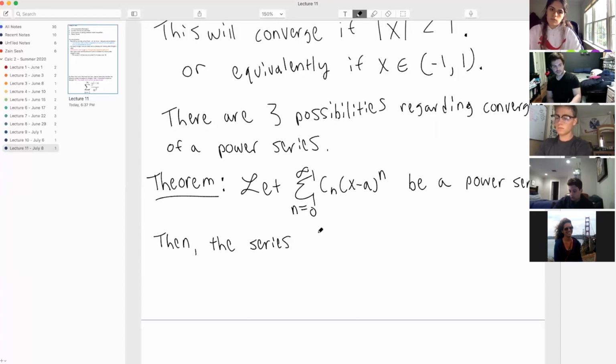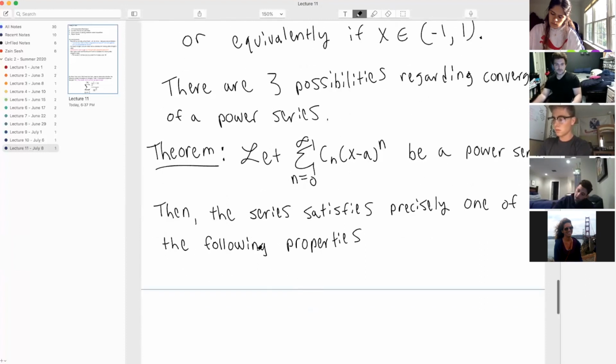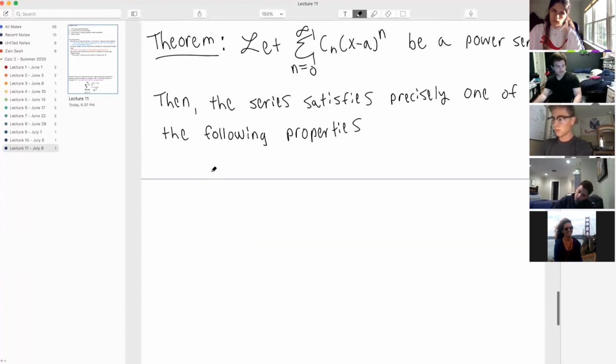Then the series satisfies precisely one of the following properties. So here are the statements.